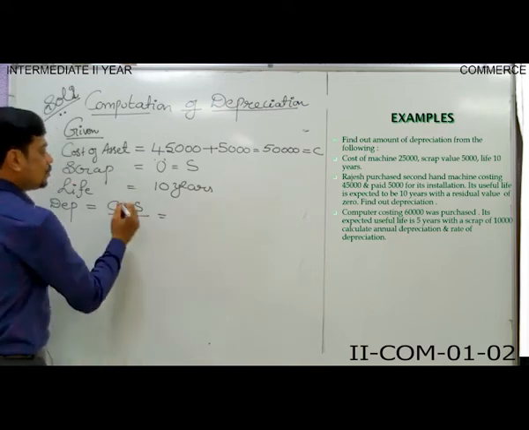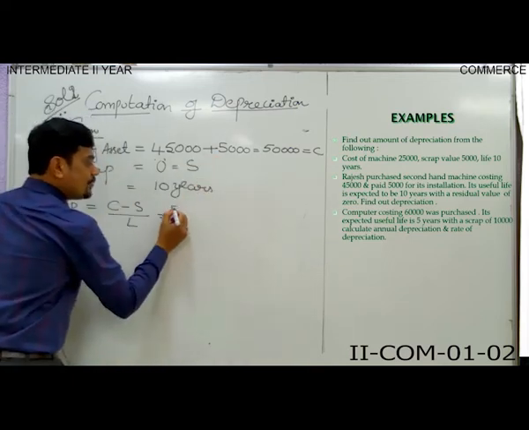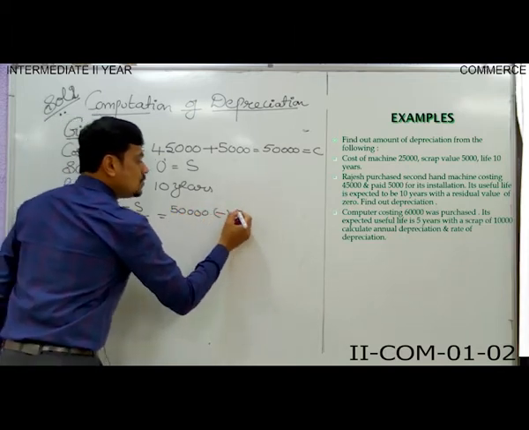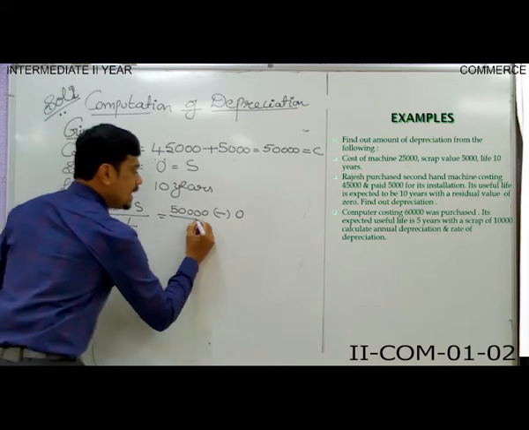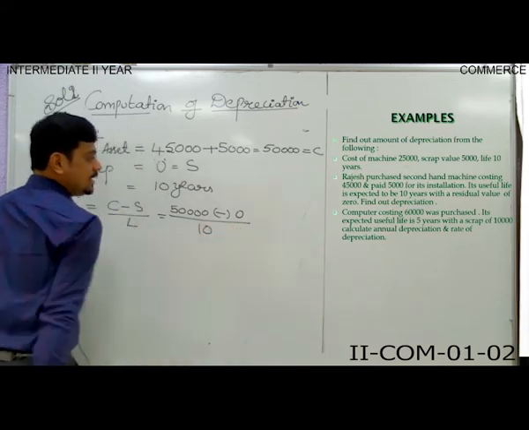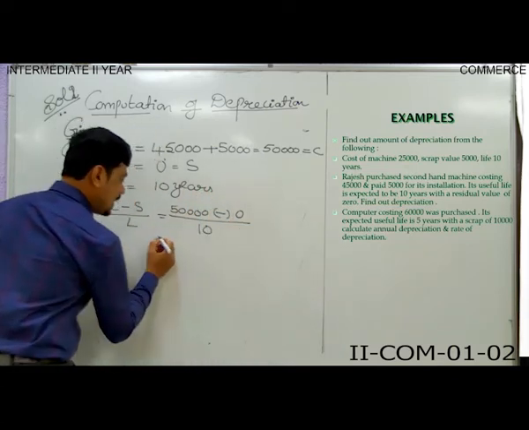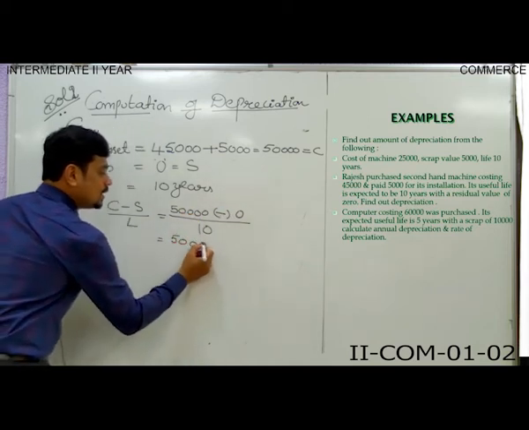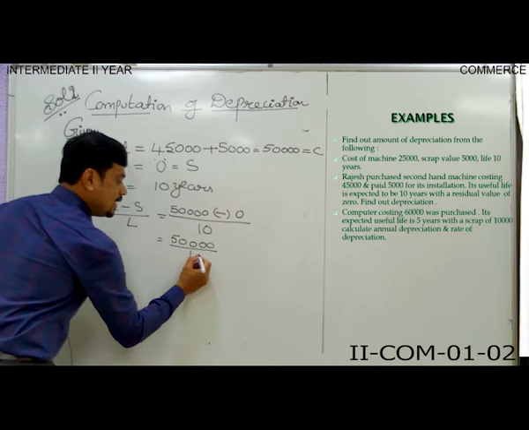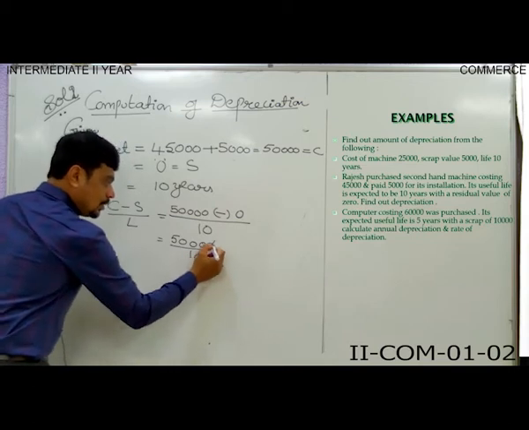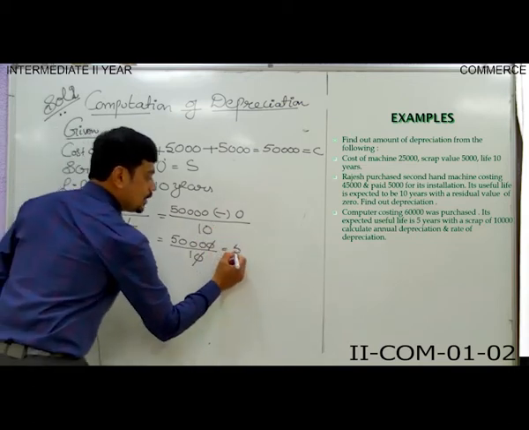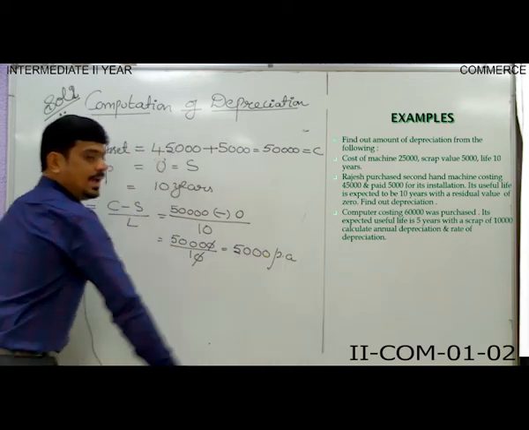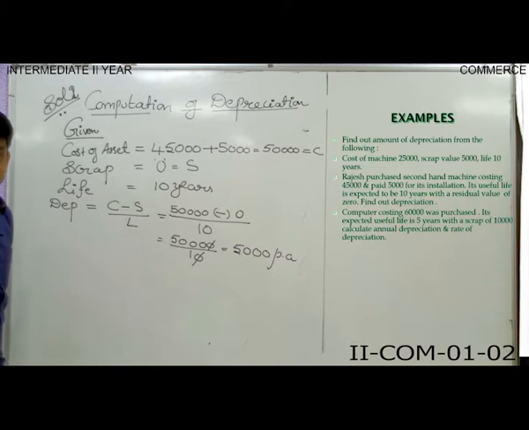Now, substituting. What is the cost? 50,000. What is scrap value? 0, nil. What is the life of the asset? 10 years. If we simplify, 50,000 minus 0 is 50,000 divided by 10. Zeros cancelled. How much did we get? 5,000 per annum.